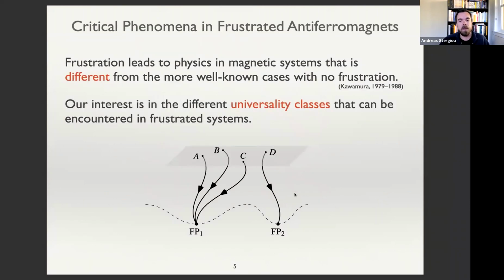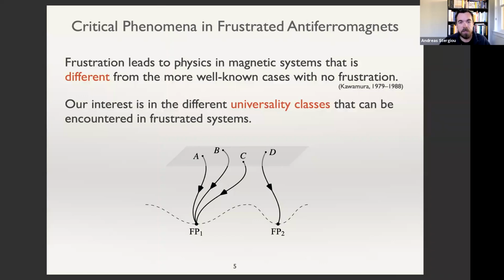And this type of frustration was discussed a long time ago in papers by Kawamura, who first started analyzing these physical systems theoretically. And he concluded that frustration leads to physics in magnetic systems that is different from the well-known cases with no frustration.